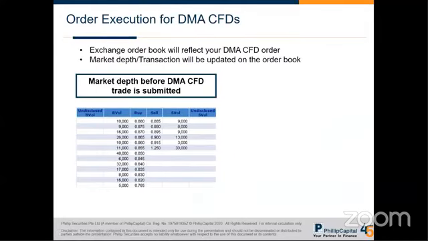Whereas for DMA, as I mentioned earlier, just to repeat again, your order will be reflected on the exchange order book. So you can refer to the market depth for your transaction. Since your transaction will be updated on the exchange order book, this is the market depth before you submit your DMA CFD order.